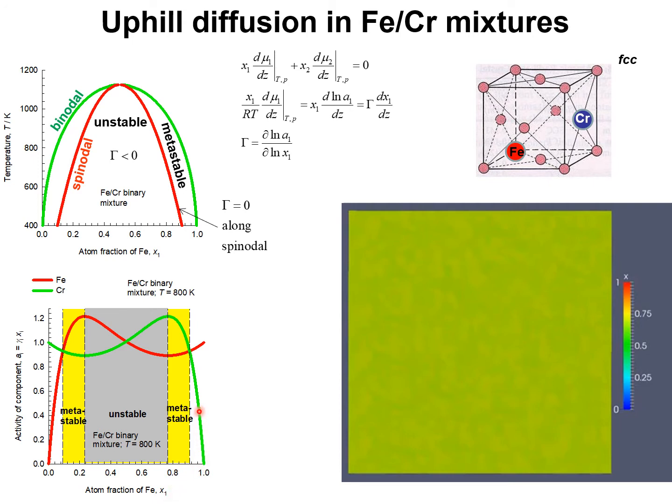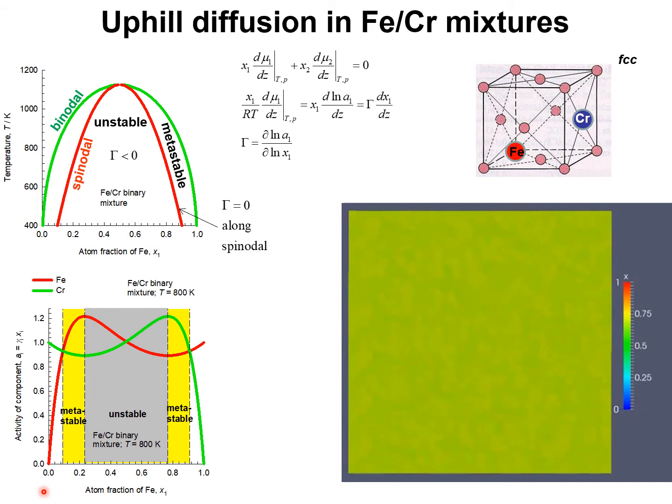The same is true for the activity of chromium. In this region, the gradient in the activity of chromium is opposite in sign to the gradient in the mole fraction or atom fraction of chromium. We would therefore expect in this region diffusion to be down the activity gradient but up the gradient in the atom fraction.